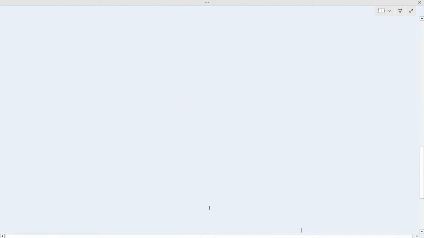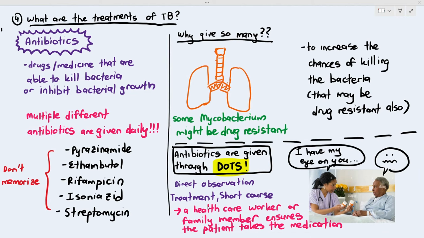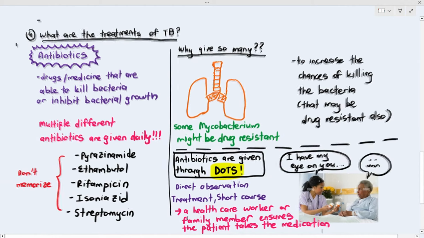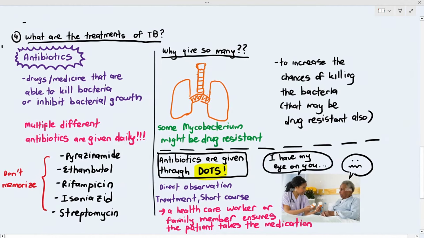Because think about it, if you expect a patient to eat 4 or 5 different types of antibiotics daily, one of the common problems is patients may miss or forget to take their antibiotics. And we don't want that to happen, because if the patients miss the antibiotics or forget to take their antibiotics, it may give bacteria a chance to mutate and become resistant to different types of antibiotics.